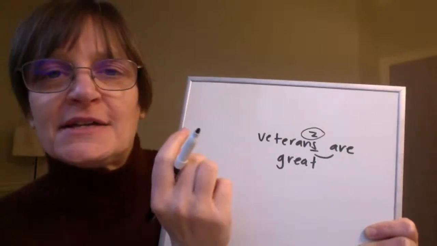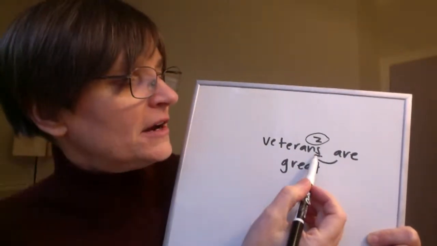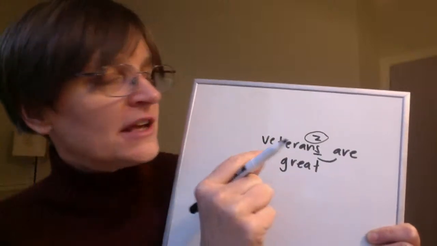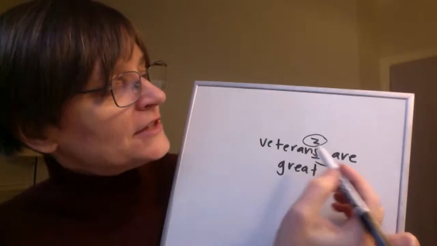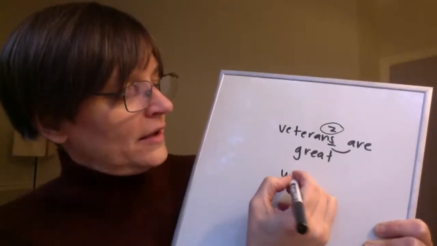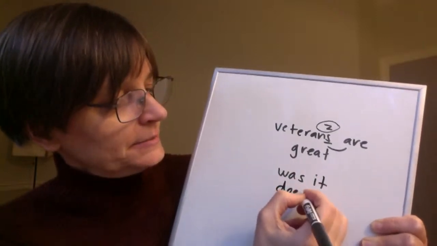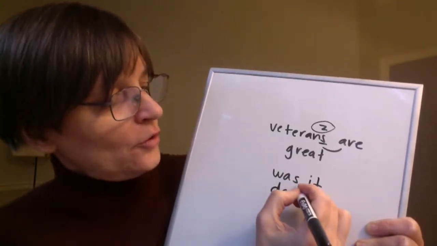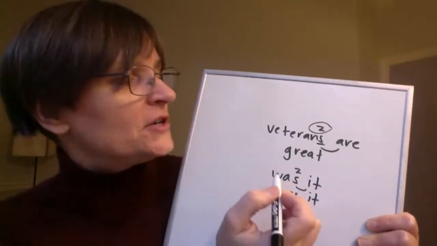The difference between S and Z is really about when my voice comes on. My voice doesn't come on at all for the S, and my voice can come on at different voice onset times for the Z. And so practicing with linking, like was it and does it, to help you make sure that you use a Z when you link is pretty much all you need.